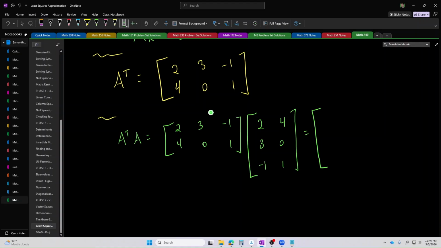I have this vector 2, 3, -1 essentially dotted with itself. So I get from that 4 plus 9 plus 1. 4 plus 9 plus 1 is 14.